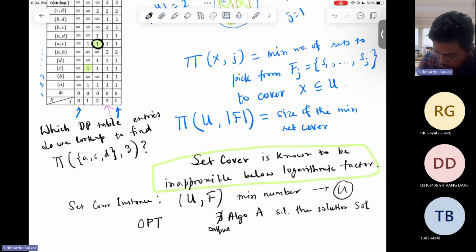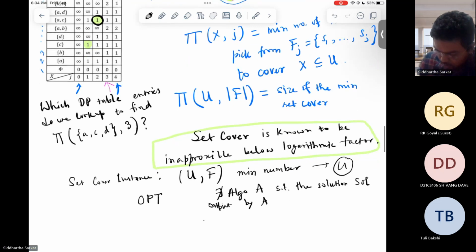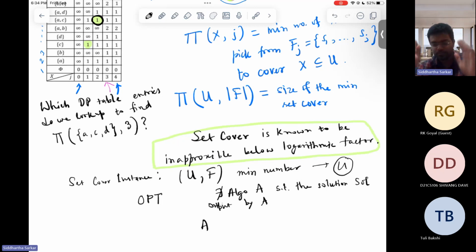is such that the size of sol... Remember what we are outputting: a collection of sets. The minimum number of sets that you have to pick is OPT. Let us take some numbers. Let us say OPT is 100, so minimum 100 you have to take.